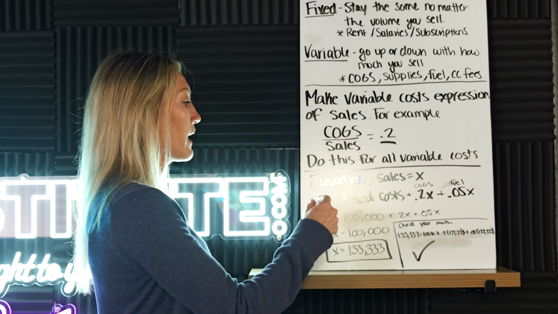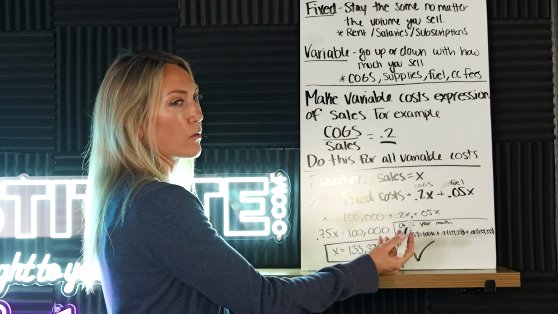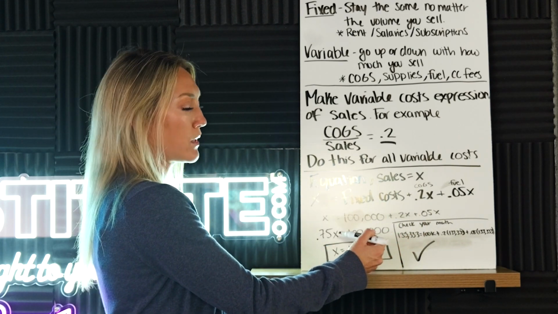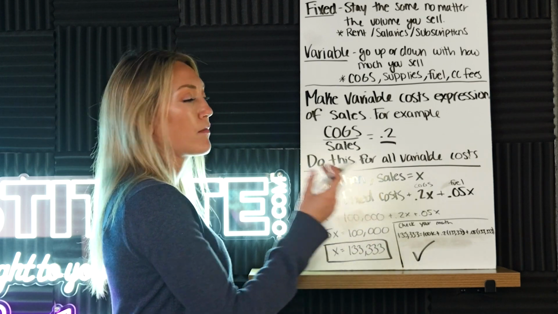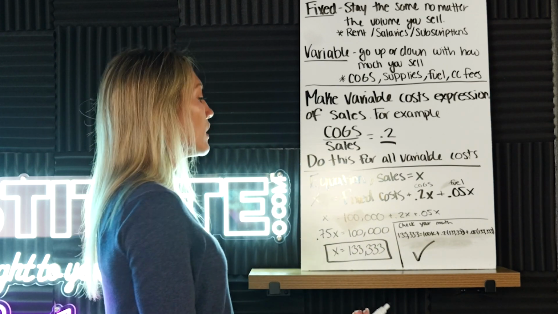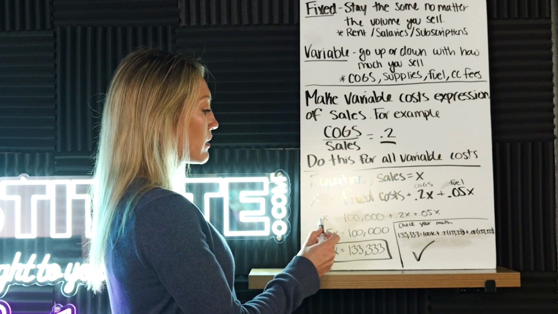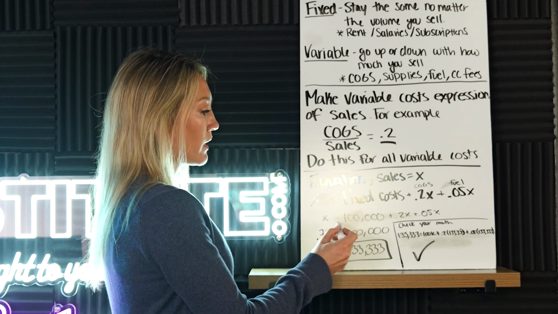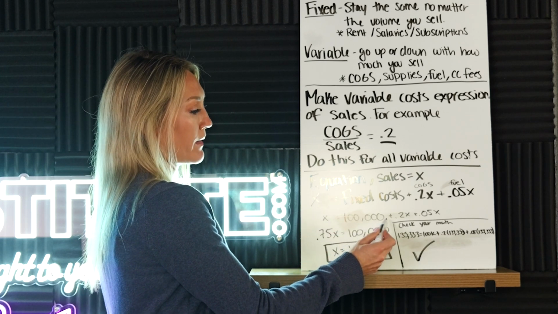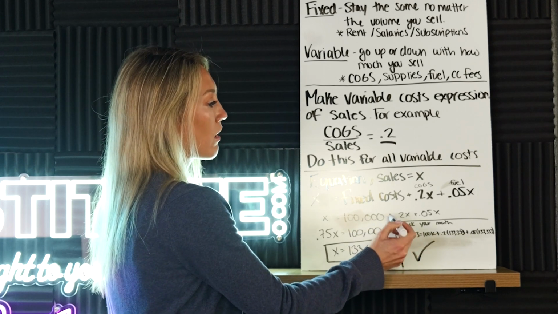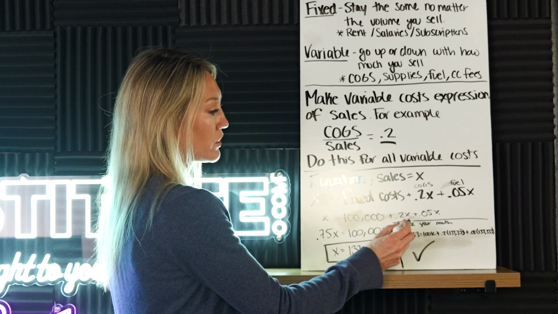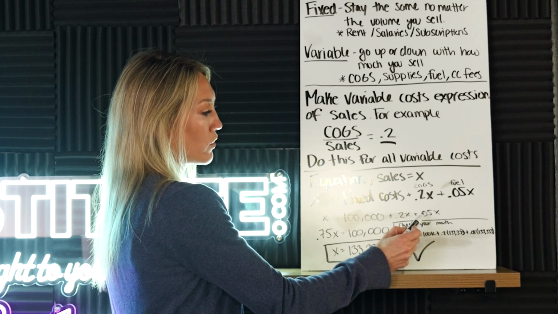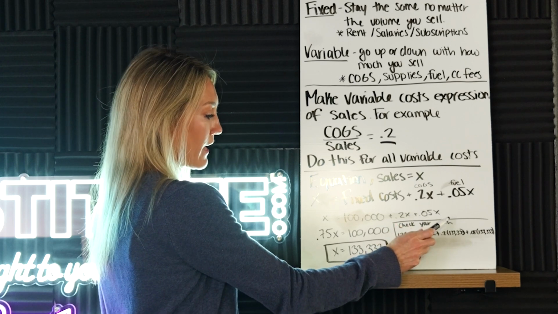Now, I really liked math, so this is a very simple equation for me, but you can always plug this into ChatGPT, and I'm also going to show you how to double check your work. So, X, which we don't know yet, equals our fixed cost. We're going to make it 100,000, and then our cost of goods sold, that's 0.2x, plus our fuel, which is 0.05x.